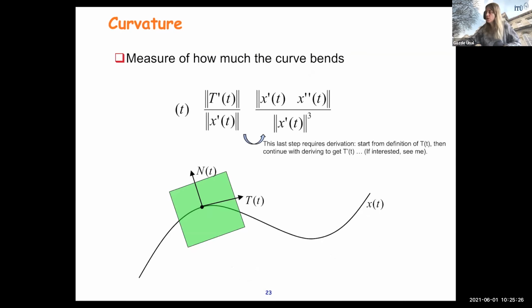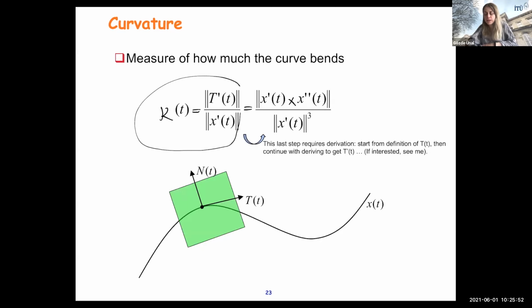So, this is something. I mean, we've already defined it, but you can open this up and derive this. X prime cross product with X double prime, and in the denominator, it's the magnitude of X prime of t cubed.